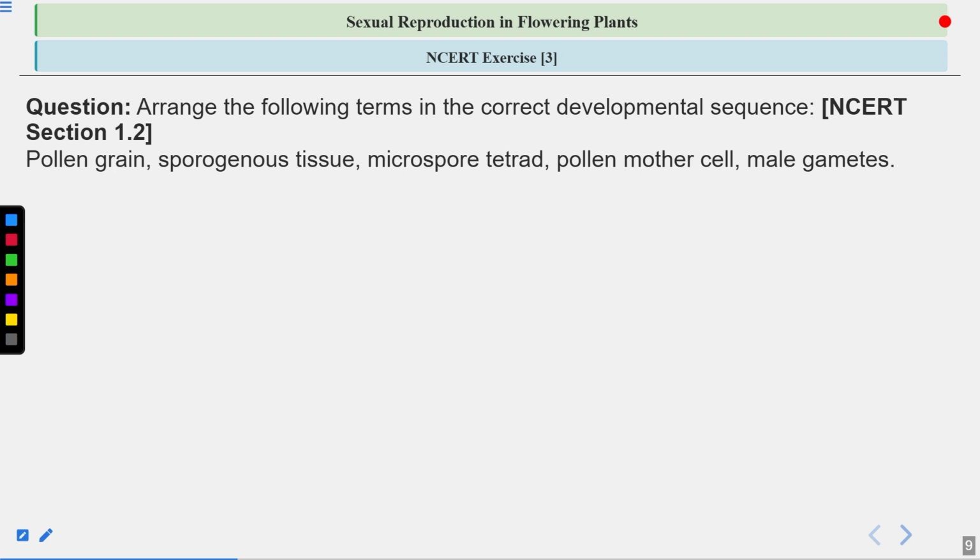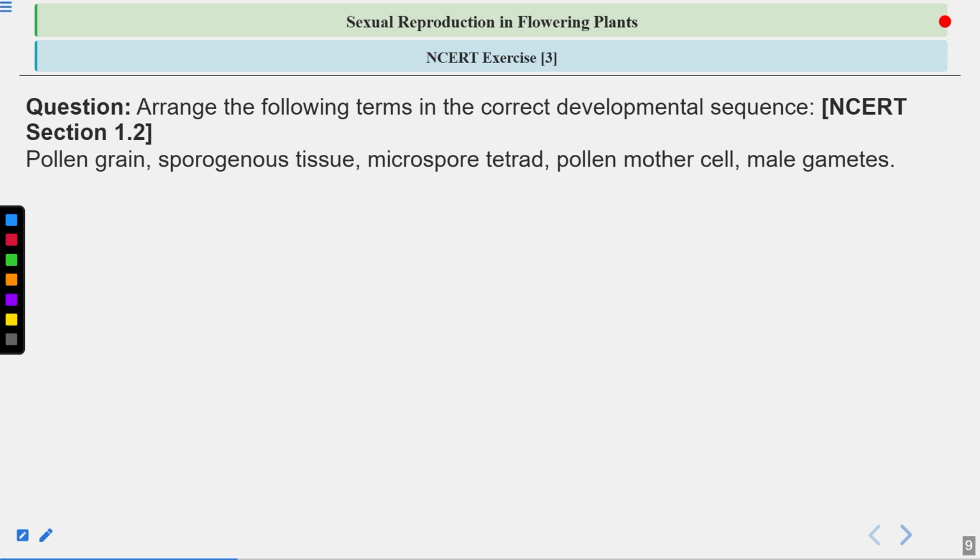So, here some of the developmental stages are given for microsporogenesis: pollen grain, sporogenous tissue, microspore tetrad, pollen mother cell, and the male gamete, right? All the stages are given. You have to arrange them in a proper developmental sequence. And this is the NCERT question from section 1.2, right?